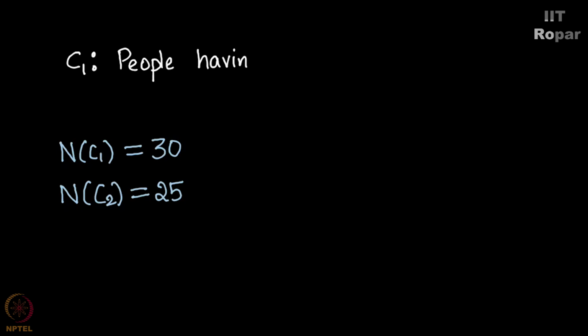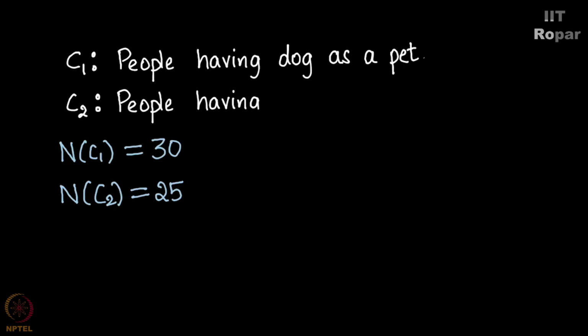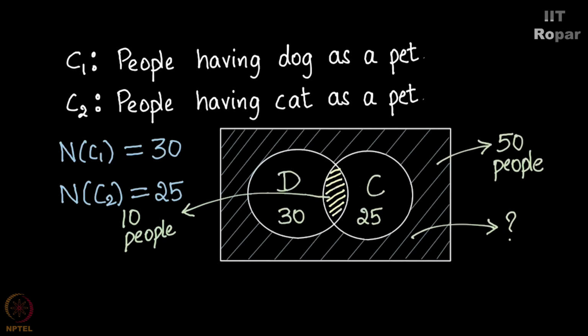C1 is the condition of having a dog as a pet, and C2 is the condition of having a cat as a pet. So now, C1 intersection C2 is those people who have both cat and dog. Now, which region is this? So we have to calculate this region. How many fall under this region?